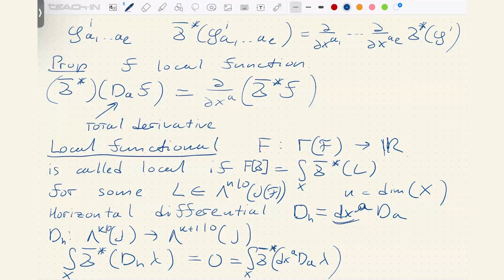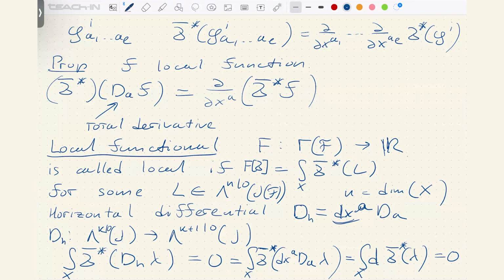So this is nothing but just the de Rham differential acting on sigma bar star of lambda, right? Because dx is not affected by sigma, because sigma doesn't act on x. So here we get just the de Rham differential, so we only get a boundary term, so it is 0 under our condition.